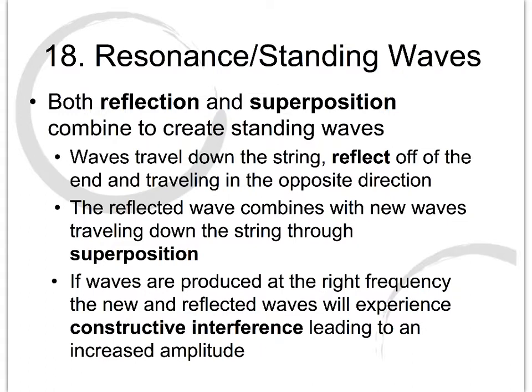However, we're continuing to generate waves. So those reflected waves now undergo superposition with new waves that are being generated. If we do it at the right frequency, one of the resonant frequencies, the new waves and the reflected waves experience constructive interference, and this leads to an increased amplitude.